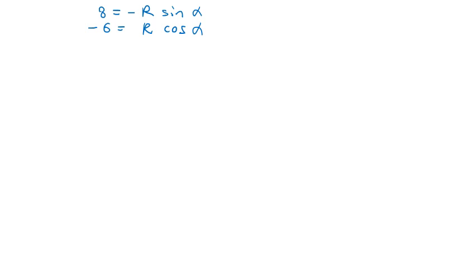Next, step 4. So in step 4, from this equation 1 and equation 2, we have to find out the angle alpha. So to find out the angle alpha, we will divide equation 1 with equation 2.